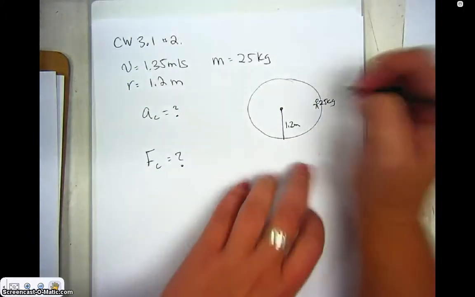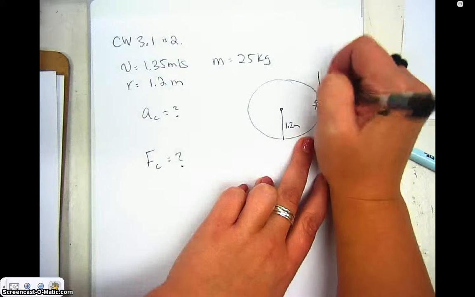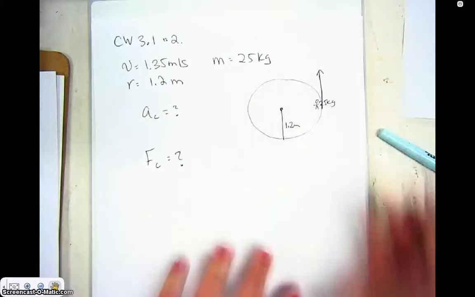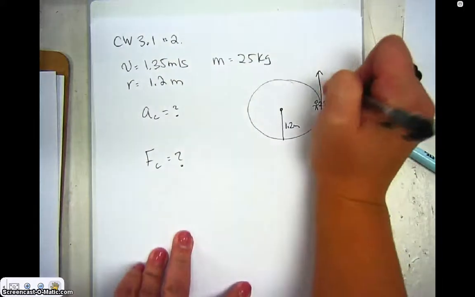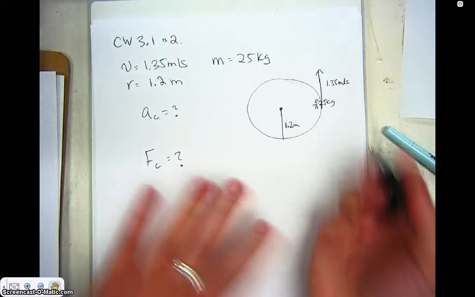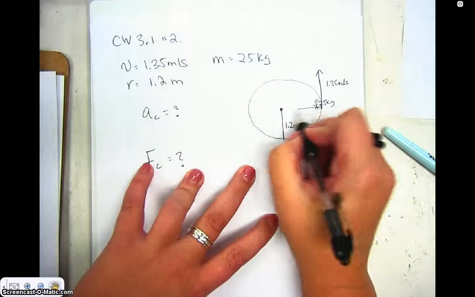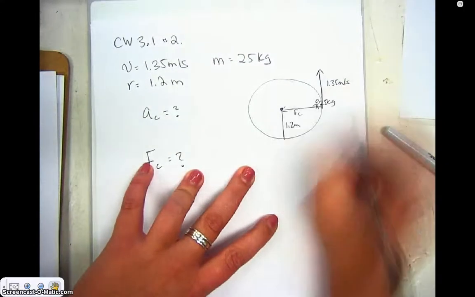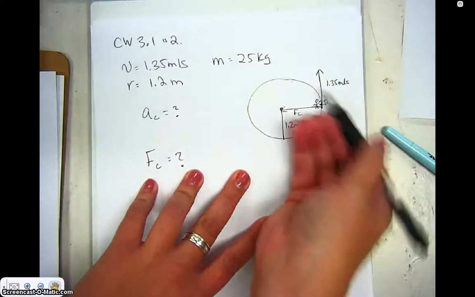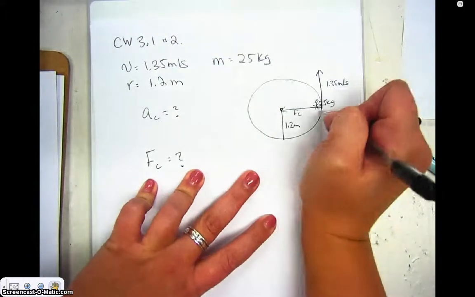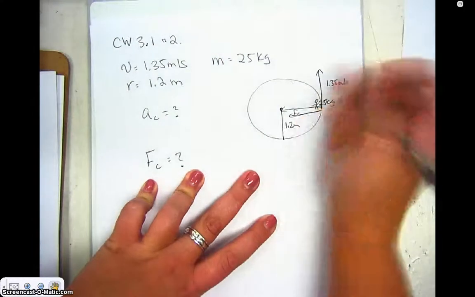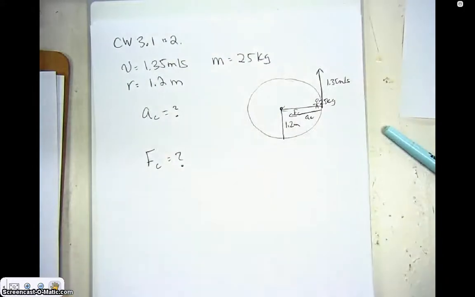And the child is wanting to travel with a velocity at this point in this direction of 1.35 meters per second. But due to an inward centripetal force, the child is turning in this direction and therefore has an inward centripetal acceleration. Okay?